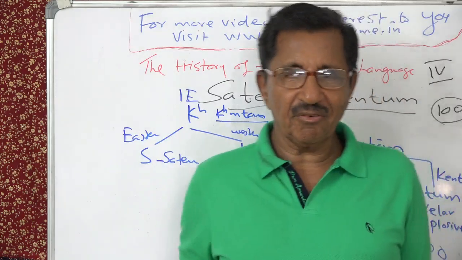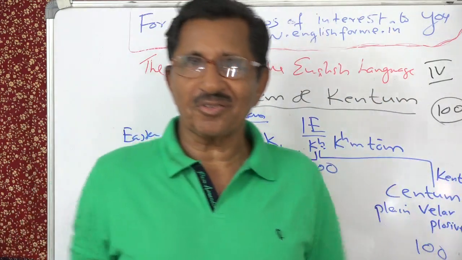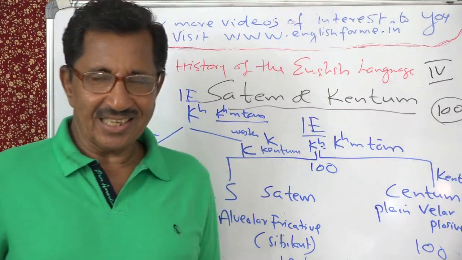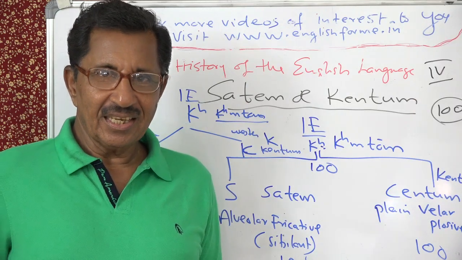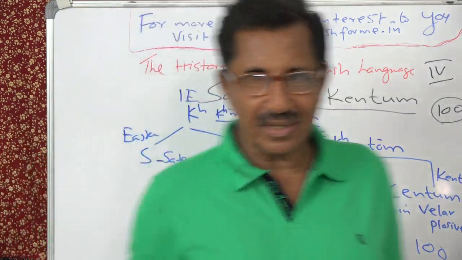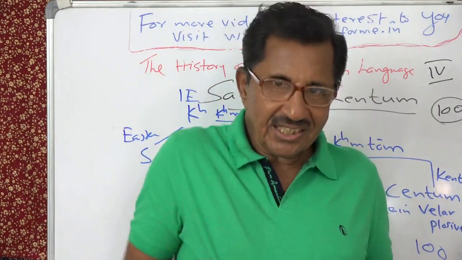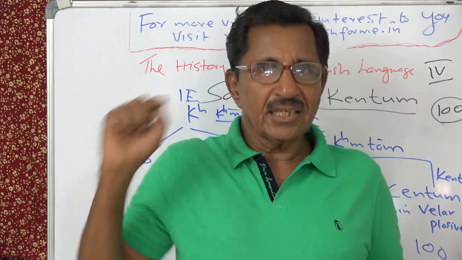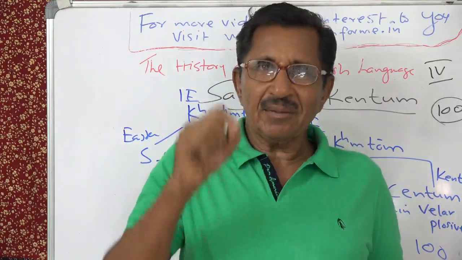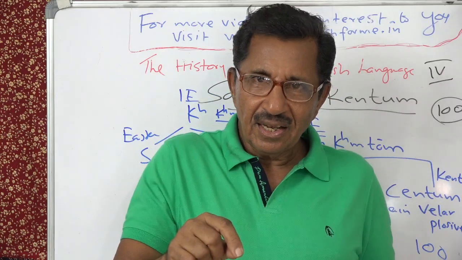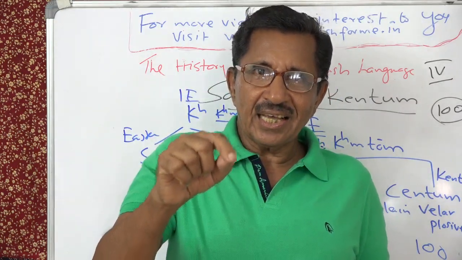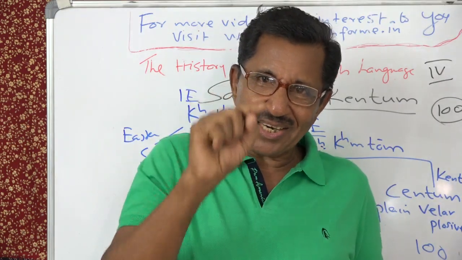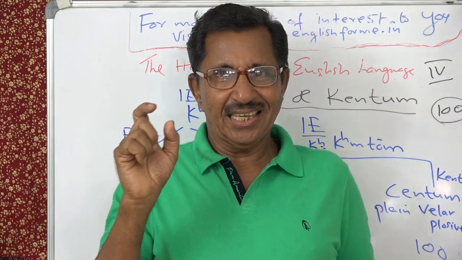But if you further want to show your scholarship and all those things, you can do that. Is that clear? Okay, it is clear to you. If you got any doubt, the point again I am repeating is this, that the difference in pronunciation is the cause of calling Eastern branches Satem.